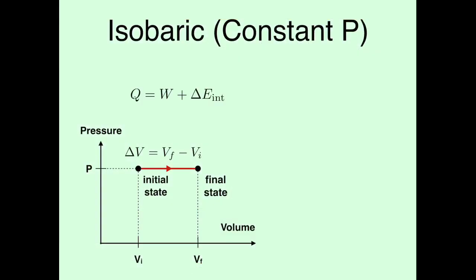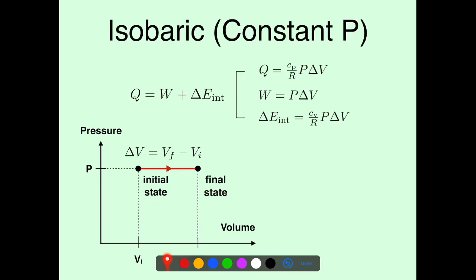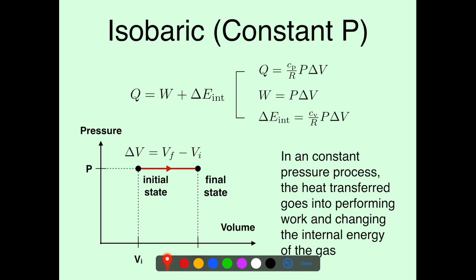Okay, so let's take a look at what we found. We have expressions for Q, which is the heat, W, which is the work, and delta E internal. We found that Q is equal to Cp divided by R times P times delta V. The work is equal to P times delta V. And delta E internal is equal to Cv divided by R times P delta V. So these are what are valid for a constant pressure process.